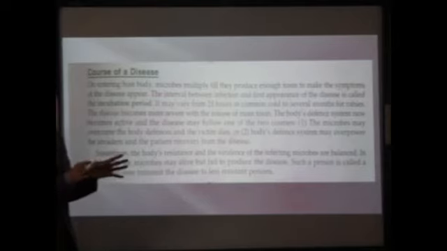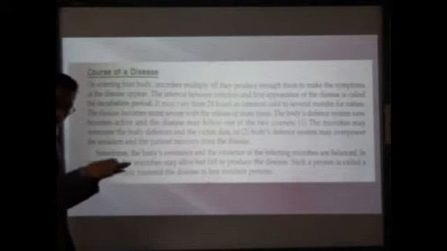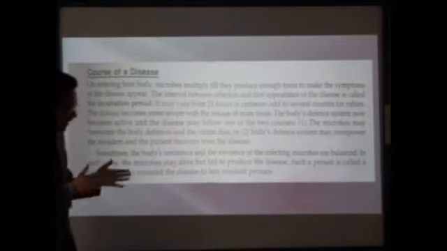Now, sometimes the body resistance and the virulence of the infected microbes are balanced. So over here the body defense mechanisms and the invading microorganisms, their particular virulence or degree of pathogenicity, will be in a proper balanced state.